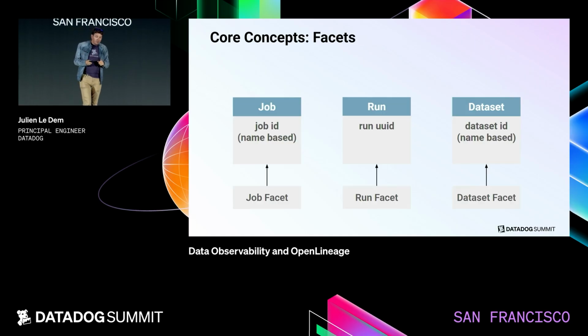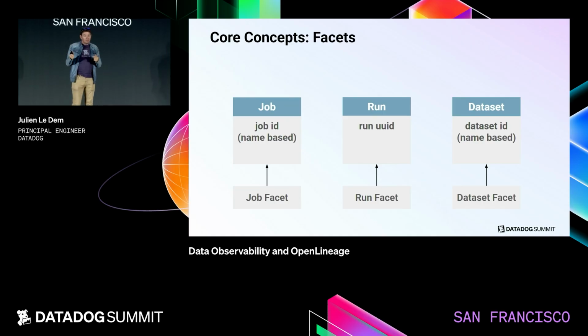And on each of those entities, you can attach facets. Each facet is an atomic piece of metadata that's defined by a JSON schema and attached to one of these entities. To give you examples, a data set might have a facet about the schema of the data set. If it's a table, it could have a schema. If it's a Kafka topic, it might have different types of facets attached to it.